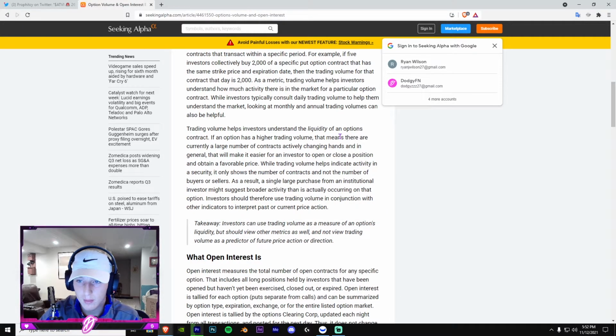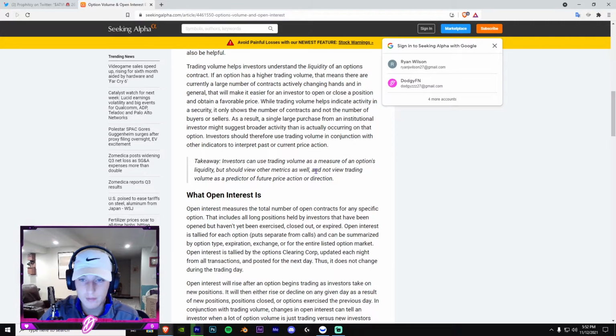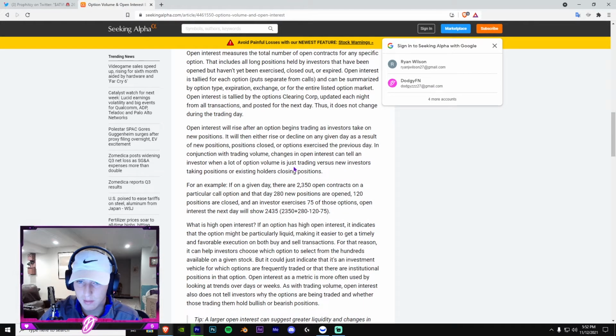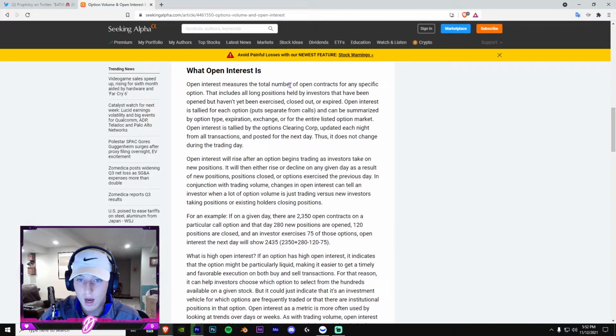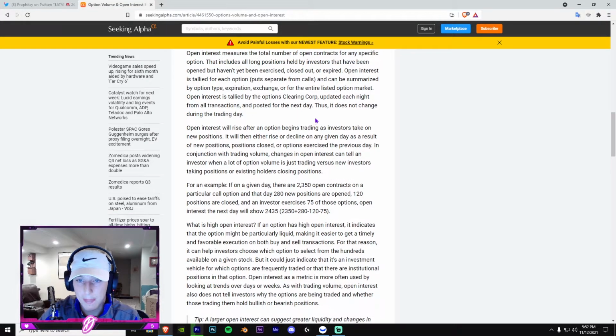I didn't explain that. So the more volume, the more liquid it's going to be because there's going to be more buyers. Open interest is the total number of open contracts. They're open contracts, but they're not specifically sell or buy contracts. No one knows.